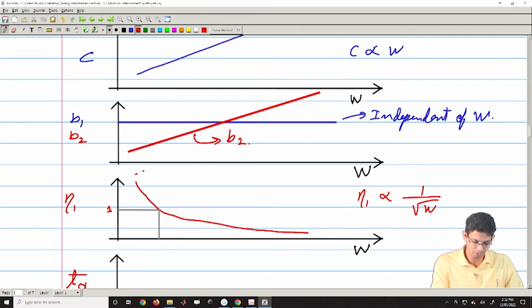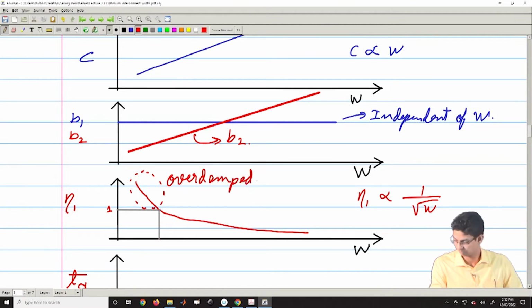If I then look at this region, here your eta is more than 1, so this is like an over damped case. And in this region your eta is less than 1, so this would be your under damped.